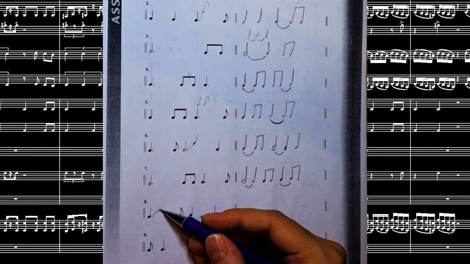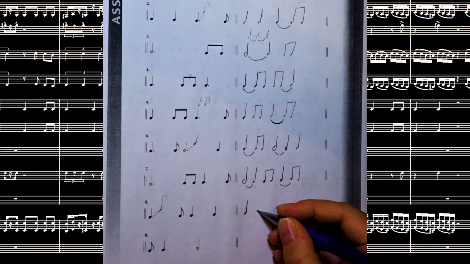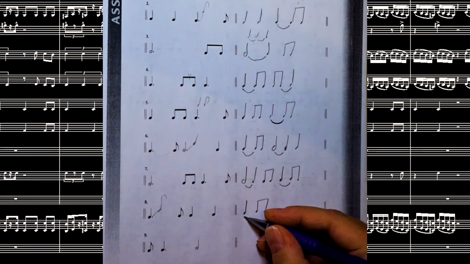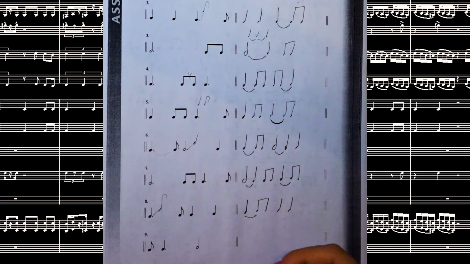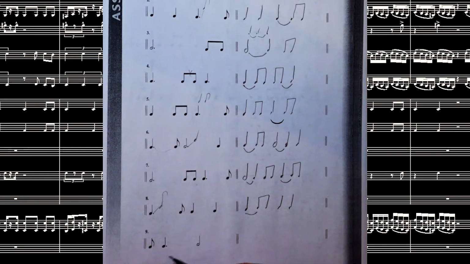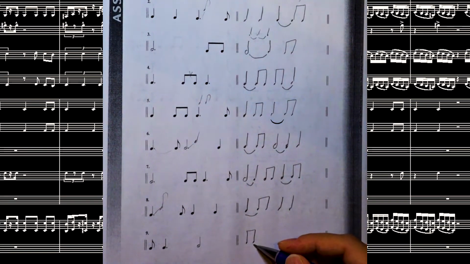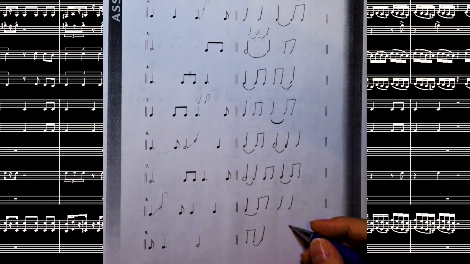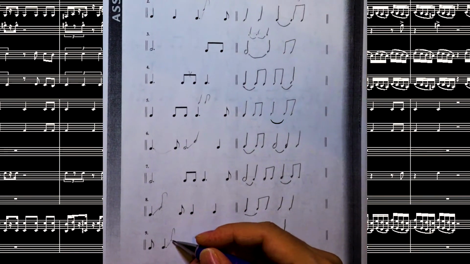Remember, this is an eighth note, so quarter, 2 eighths, tie that, and then quarter, quarter. And the last one, 2 eighths, to a quarter, and then half note. Remember, that's an eighth note.